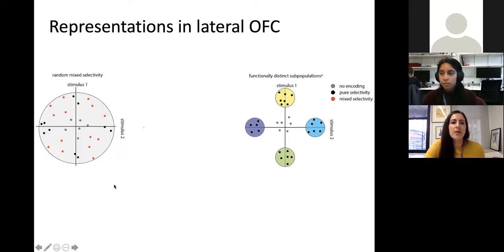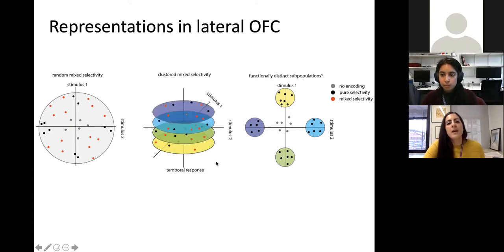Okay, so to go back to our hypotheses about encoding, we had these very strong hypotheses of either random mixed selectivity or functionally distinct subpopulations. We think we found something somewhere in the middle, where we do see clustered responses, but within a particular cluster, we tend to see mixed selectivity. The thing that separates these clusters is the temporal response.